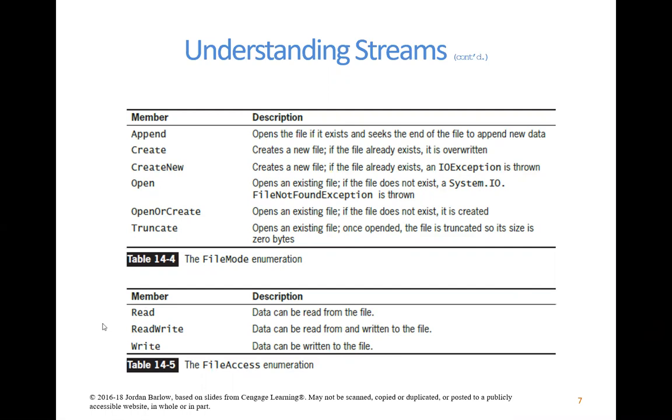And then when we're reading from a file, we'll use the Open file mode and the Read file access. So for this class, we'll always use the same ones. It will always be the same syntax for those second and third elements inside the parentheses, either Create, Write, or Open, Read. But these other ones are there for your reference if you ever want to do anything different.